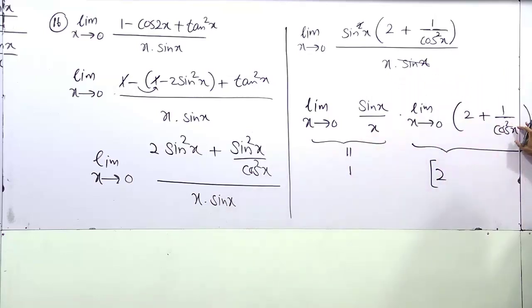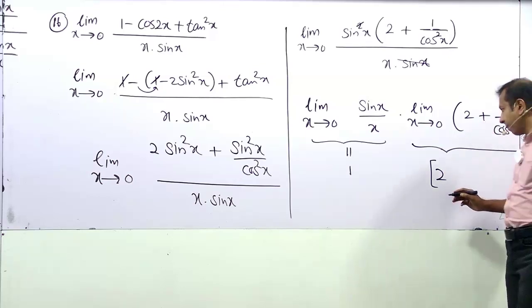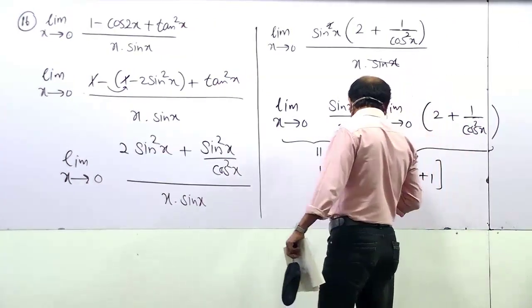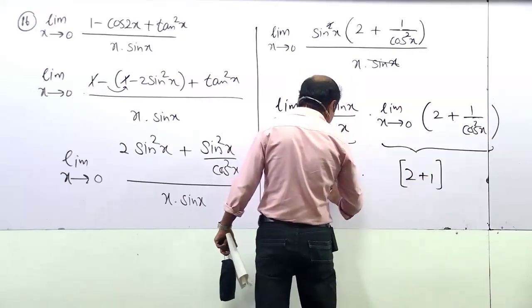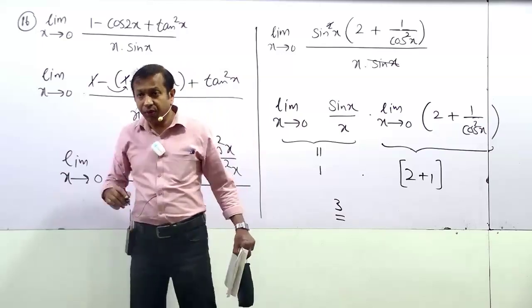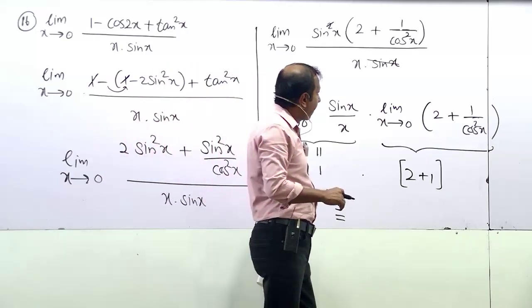Here, tell me, as x goes to 0, put 0 here. Cos 0 is 1. 1 squared is 1. 1 over 1 is 1. Then 2 plus 1. Here we have 1. Then what do you get? Here 3, here 1. Product is 3. Correct, no? Yes.